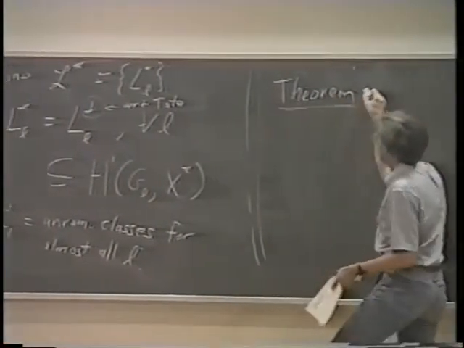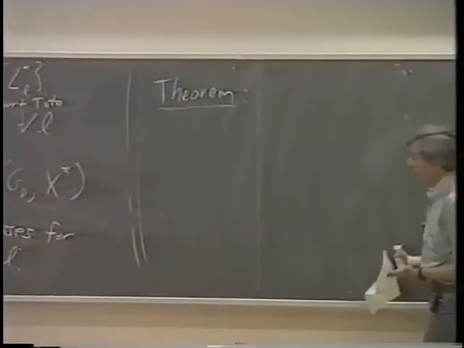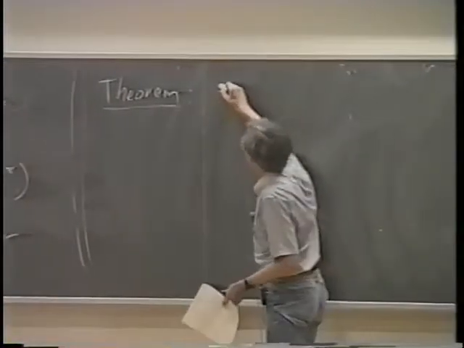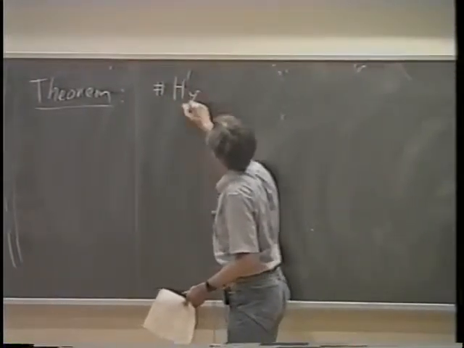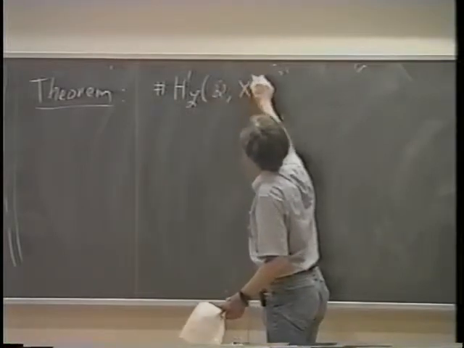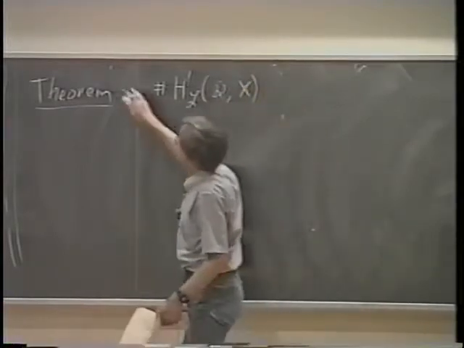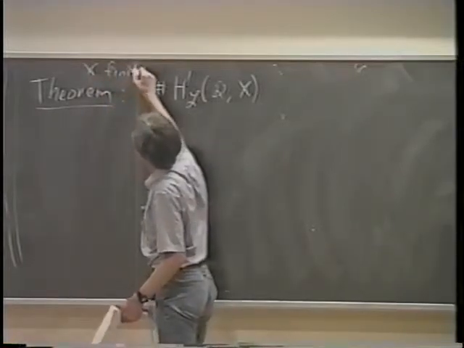And I believe at least an early form of this is due to Ralph Greenberg, and then adapted to Weil's situation by Weil. If we take the order of this generalized Selmer group, X is finite. X is always finite, or almost always finite.